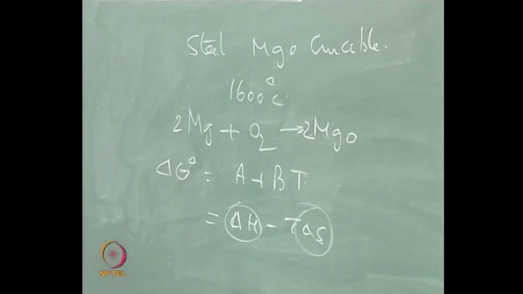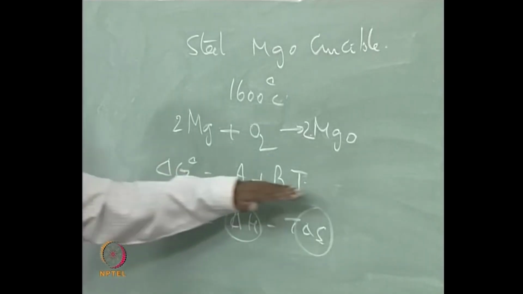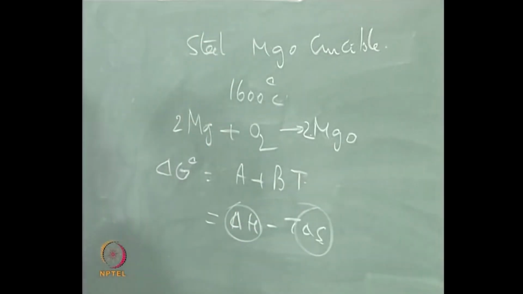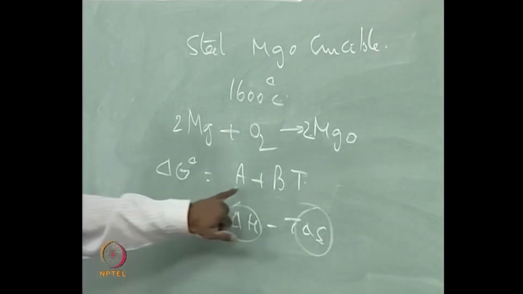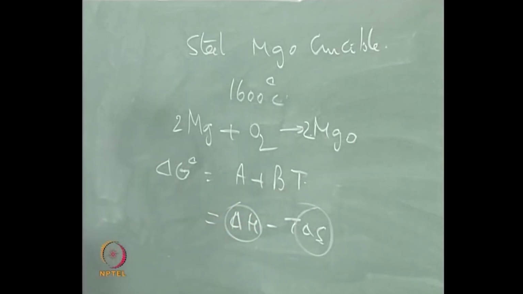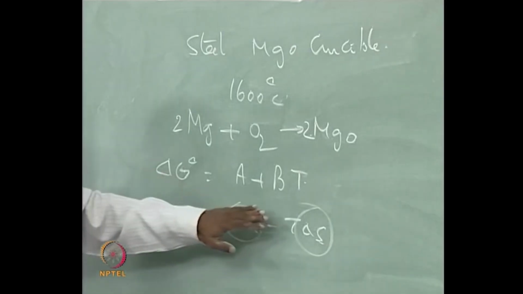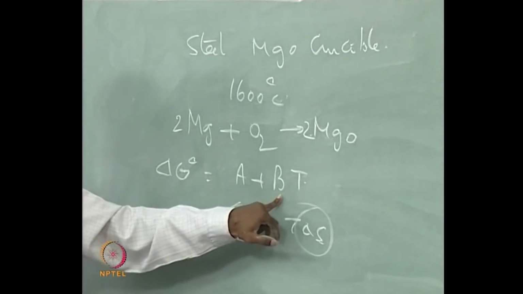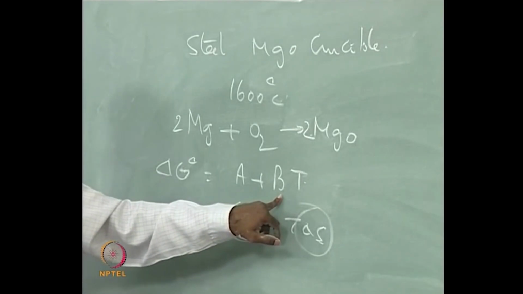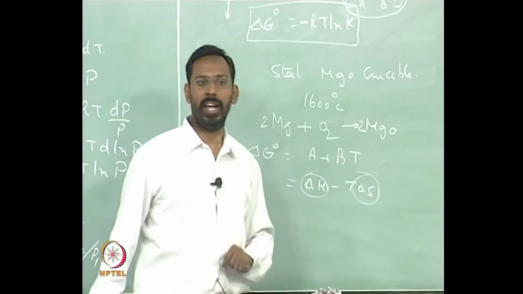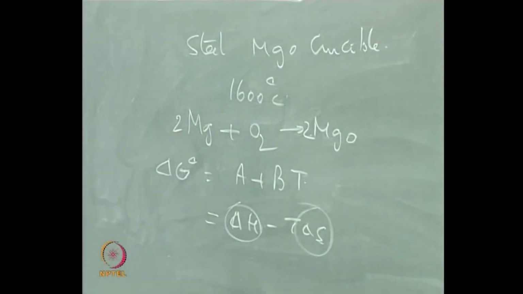In principle, yes, but in such a case this whole expression becomes a little complicated, where in each of them you will get temperature dependence. But to a large extent people have seen that A and B are constants for most of the reactions. So, you simply take A and B as constants and do it, and that works out for most of the reactions.